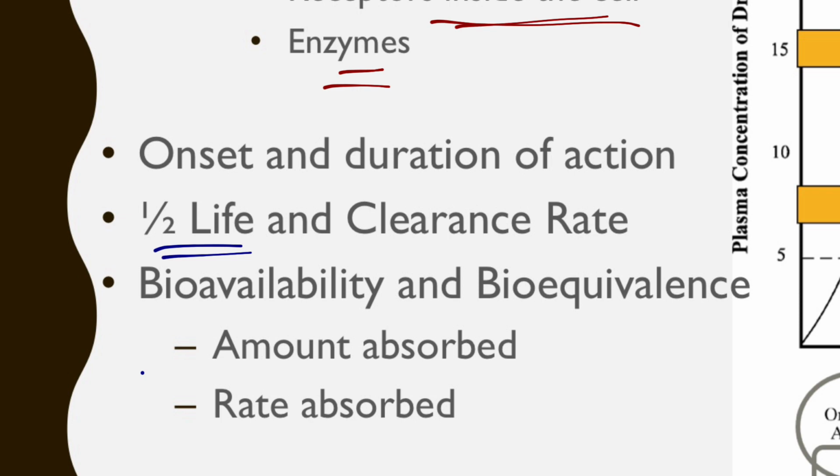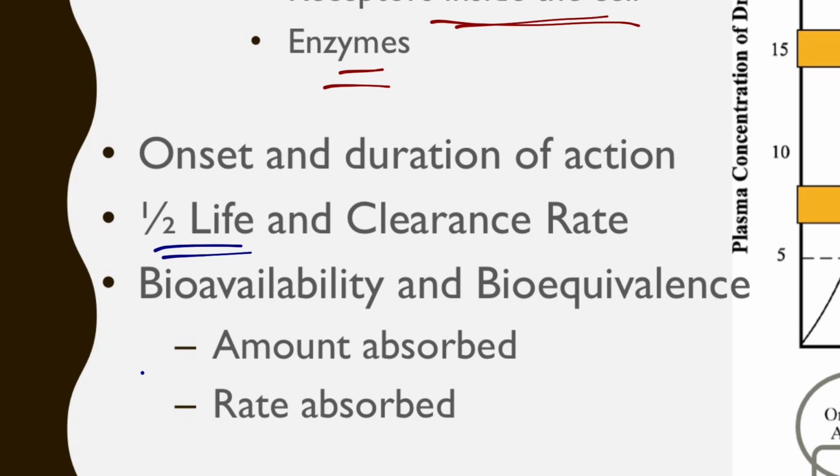So they are already prepared in the pharmacy for this first pass effect, but it is something that reduces the amount of drug available in the blood to be delivered to the site of action. And it's something that we should consider anytime we administer a drug to a patient.